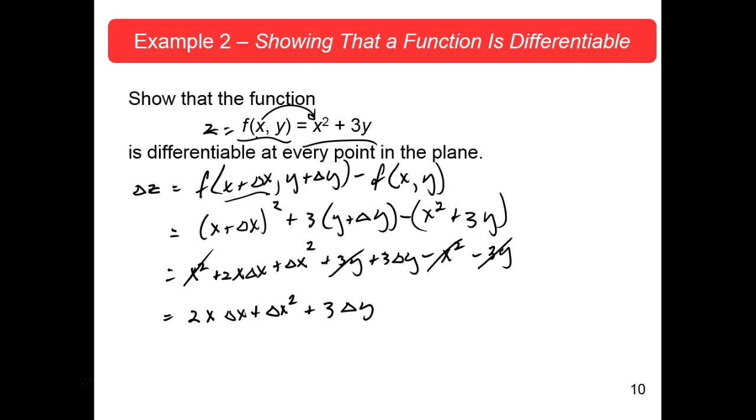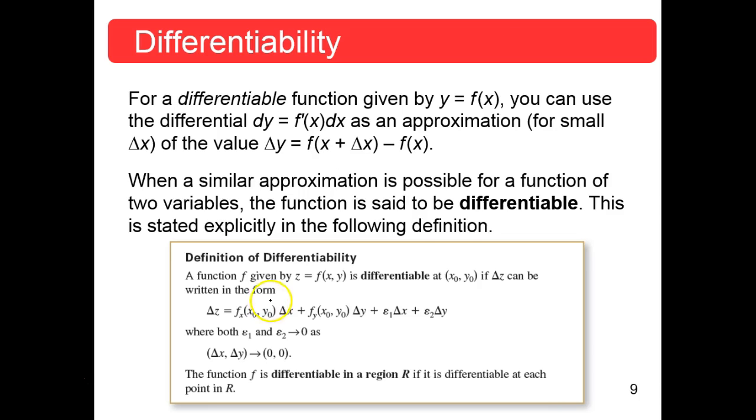Now, to get this into the form, here's the form we're looking for, this form right here. If you can express that delta z in this kind of form, then we'll be in good shape.